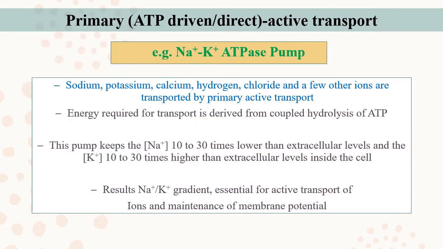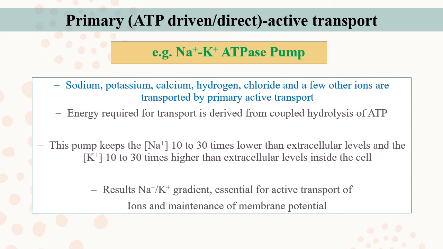So now let us see what happens in the sodium potassium ATPase pump. It is also known as ATP driven primary or direct active transport. Here energy is required, and the required energy for the transport is derived from hydrolysis of ATP.